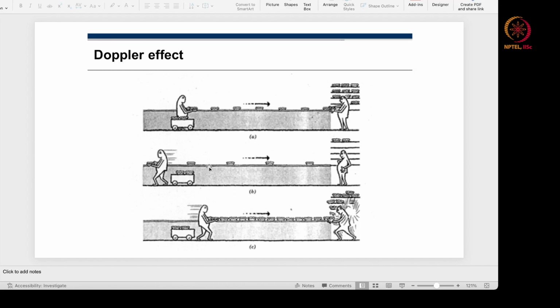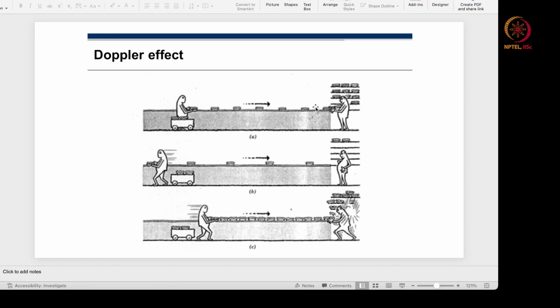Now if this guy starts to move away, in the opposite direction, you will get cakes at larger intervals. If he starts to move towards you, you will get the cakes at smaller intervals. In other words, you will have what we call a frequency change.